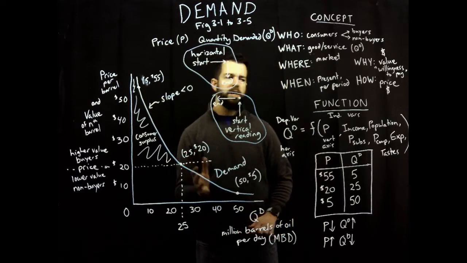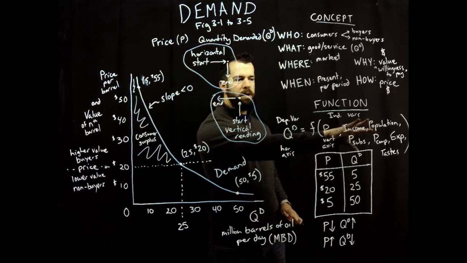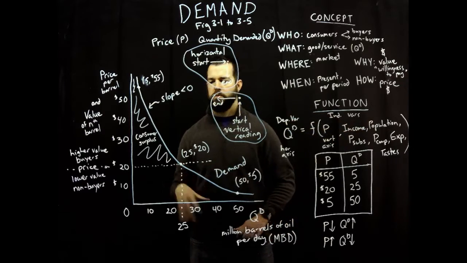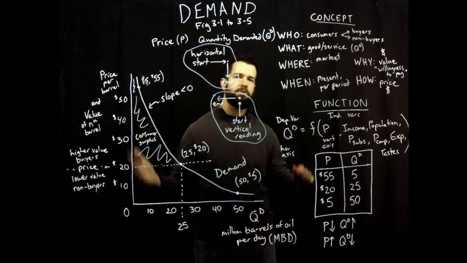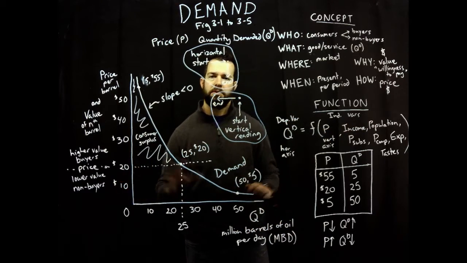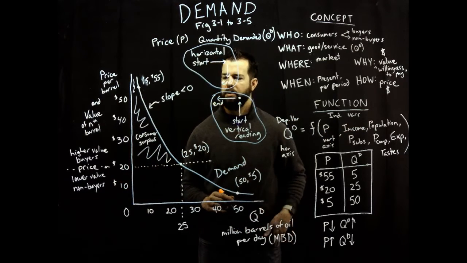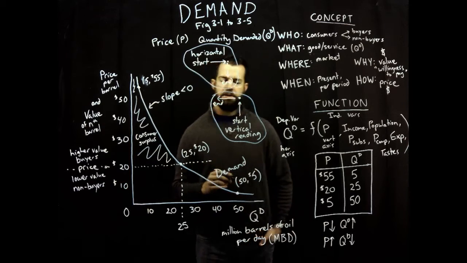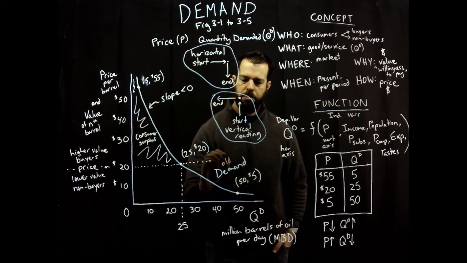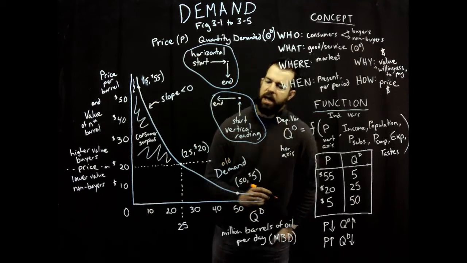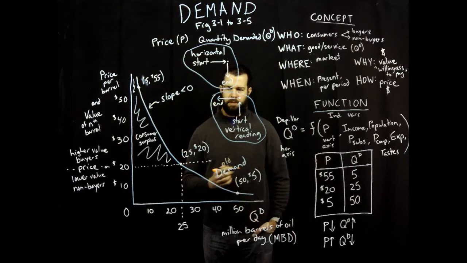Okay? We can't add in these other independent variables without drawing an entirely new demand curve because otherwise we'd have to draw multiple dimensions, which would be really hard to visualize. Okay, so in this situation, we're going to call this the old demand curve, and we're going to have a new demand curve, okay?